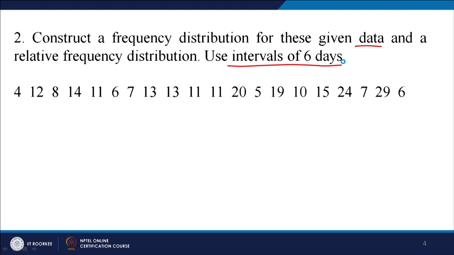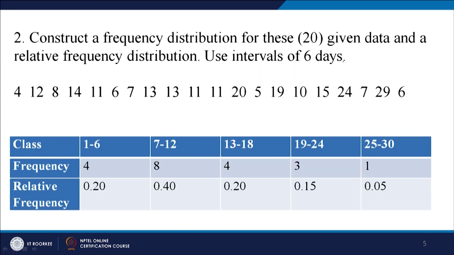How many classes do you want? This is actually not 6 classes, you have to have an interval of 6 days. So, the class interval here is 6. You can say this is 7 minus 1, which is 6.